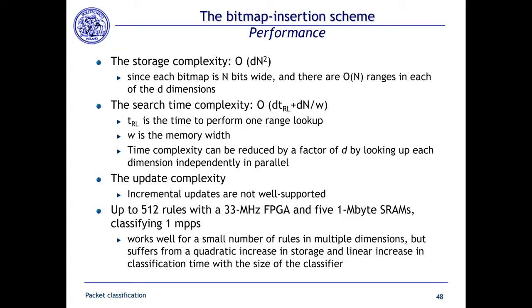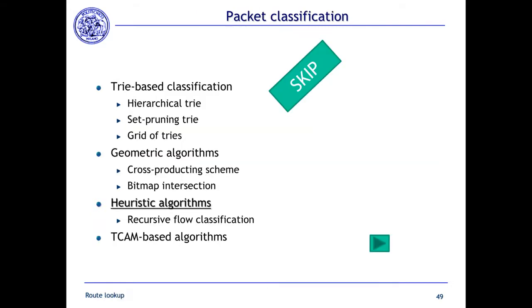Okay, so this is basically about the bitmap. Then there are also heuristic algorithms. Heuristic algorithms are interesting, but we skip them because they are quite complicated and we don't have so much time.